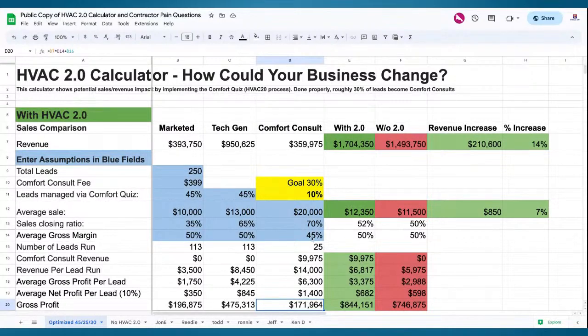If you want, I put in the private chat a link to the spreadsheet I thought we were going to use. And that's not, okay, broken. All right, well, I made a copy of this, so let's flip over to that.